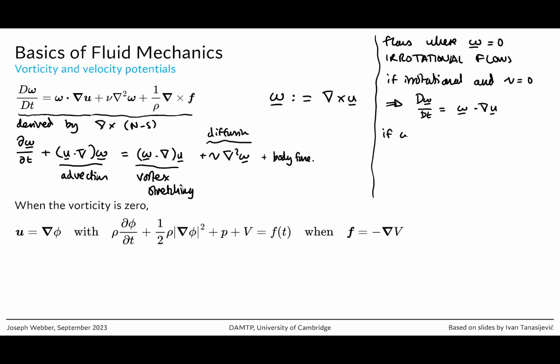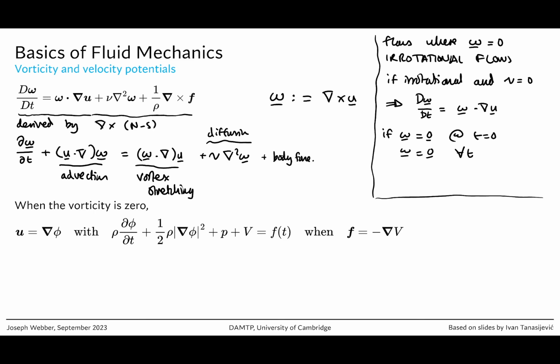So if omega equals 0 at t equals 0, omega equals 0 for all time, i.e. an initially irrotational inviscid flow remains irrotational for all time. The only way vorticity is created or destroyed is through viscosity, so through viscous effects at boundaries, for example. If you look at the topic on boundary layers, that's a really helpful way to see an example of this in play.